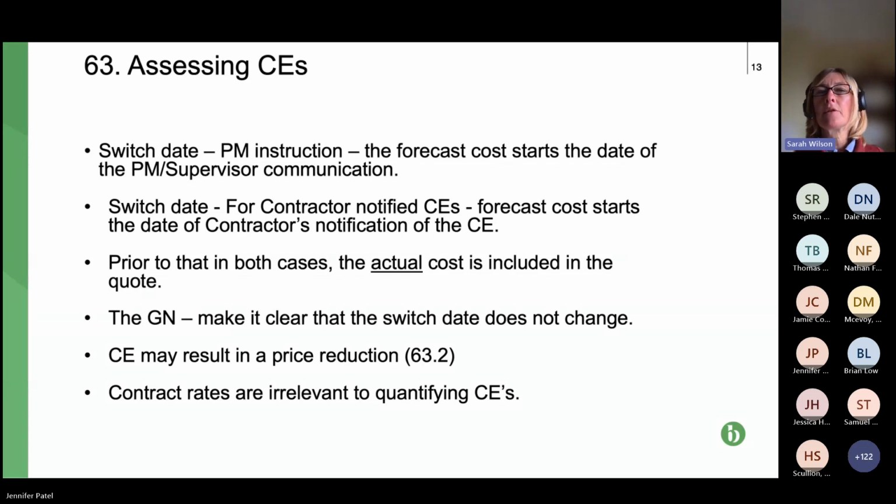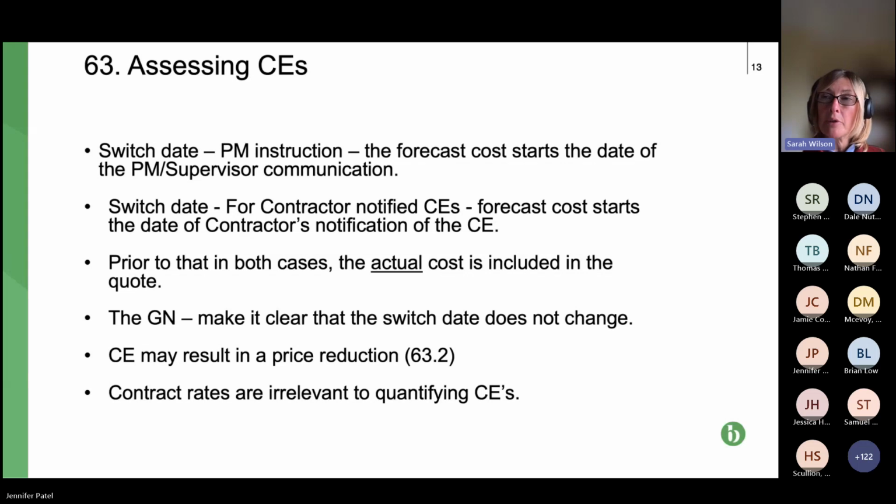So we've seen that for some compensation events, it's up to the PM to notify them. Do you remember in the guidance notes, there was a list of the CEs for the PM to notify? So the switch date for those compensation events is when the PM issues whatever instruction it is.